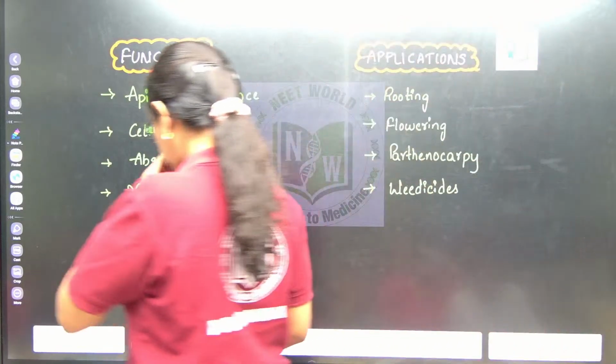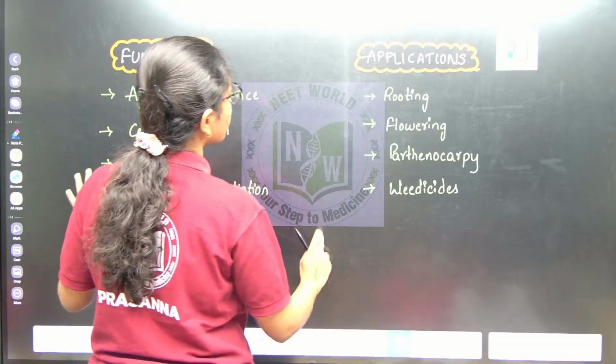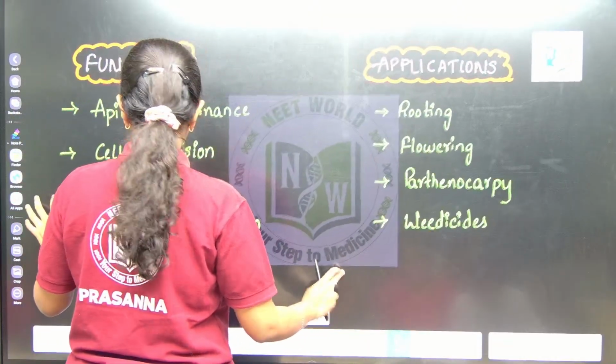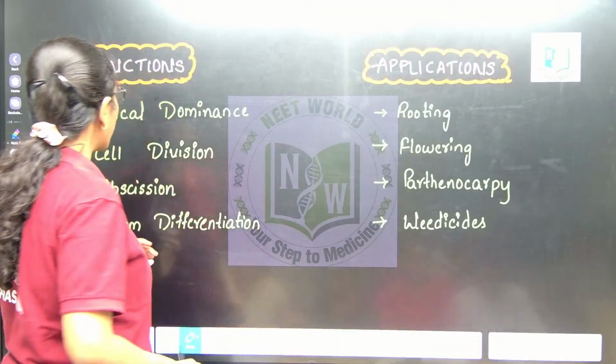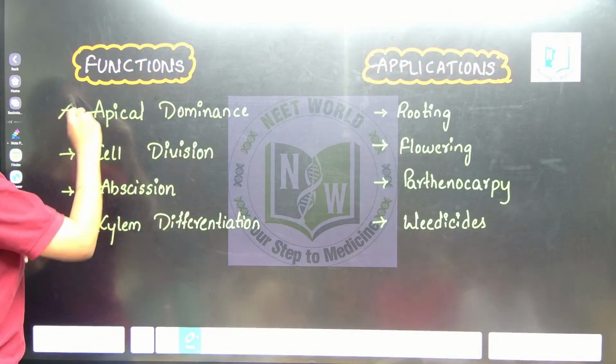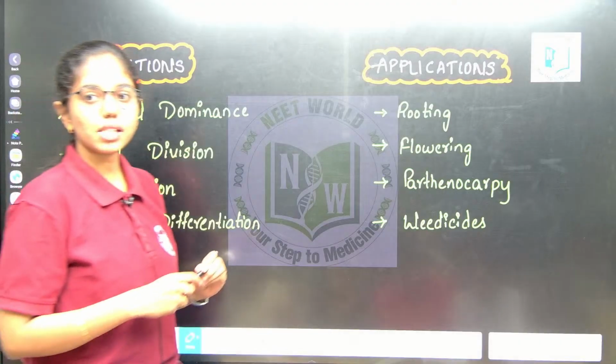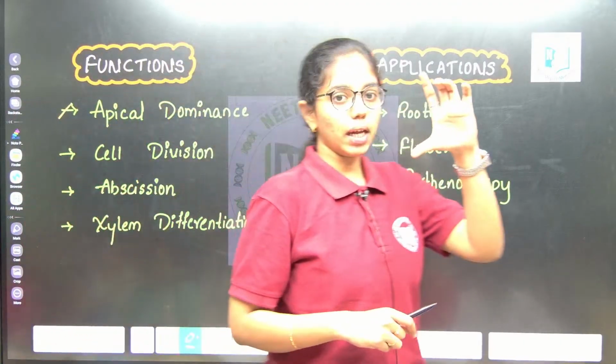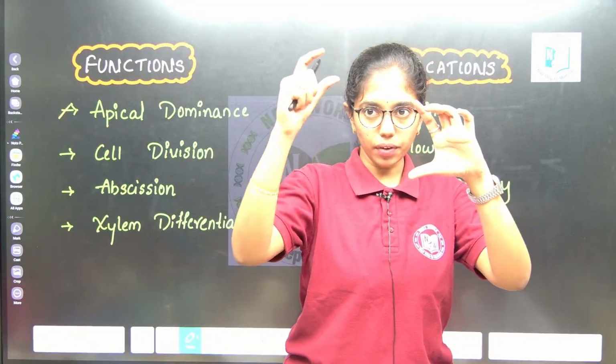Functions. First major function of auxin: we have discussed that auxin is majorly present at apical regions, most at the shoot apical region.